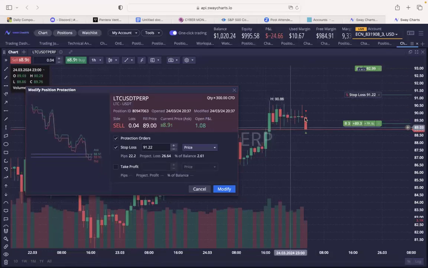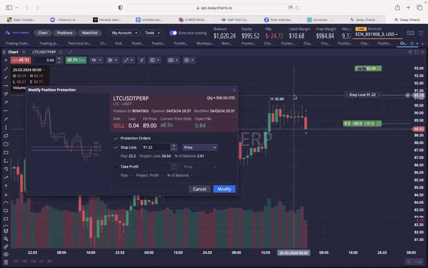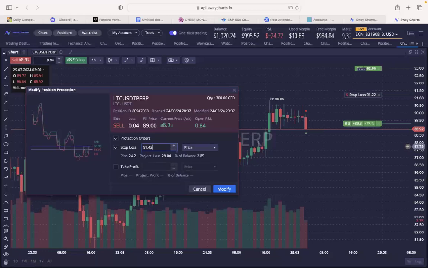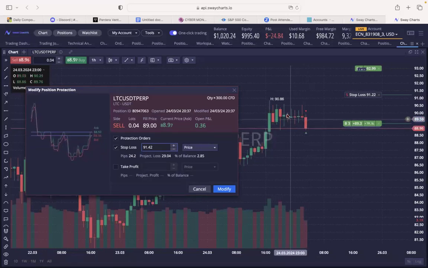But see, right here, my stop loss will be, let's say I'll put my stop loss at 91.42. So I come here, 91.42, right? If it doesn't go down, because I'm bearish, right?